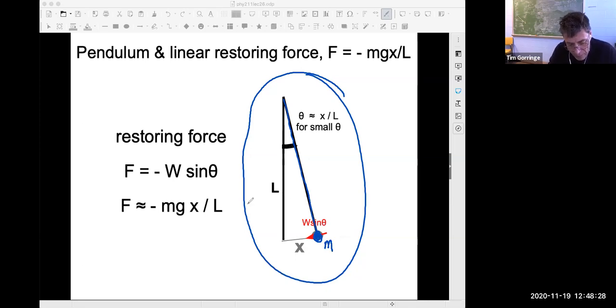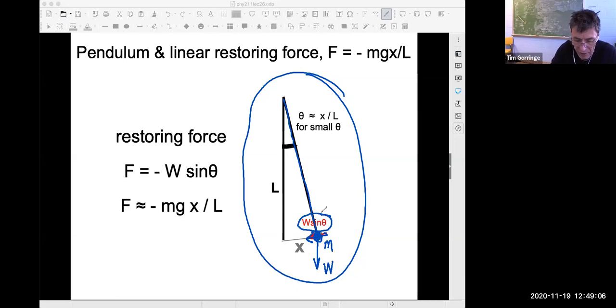Now, that simple pendulum, if I displace it to the right of the vertical, or I could have displaced it to the left of the vertical, experiences a restoring force due to gravity. Gravity is pulling the pendulum downwards, but a component of gravity acts in the direction of the pendulum's swing. It's a relatively small piece.